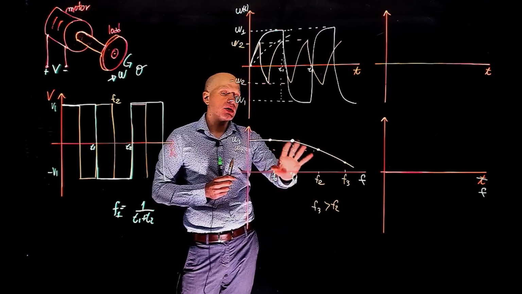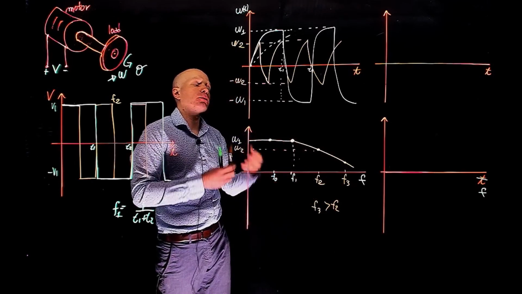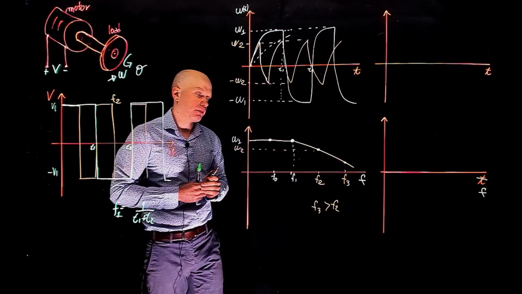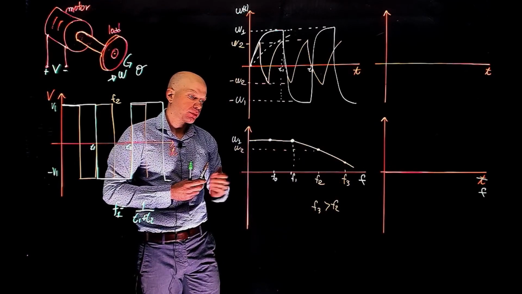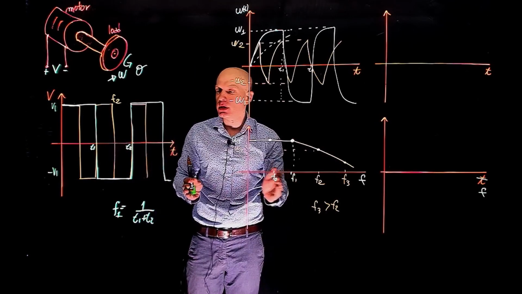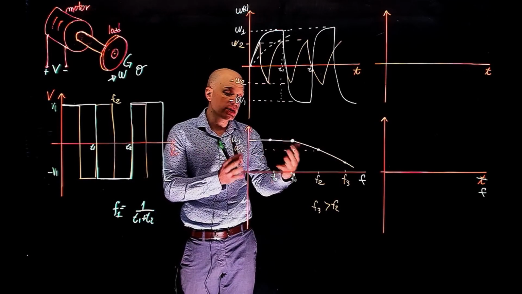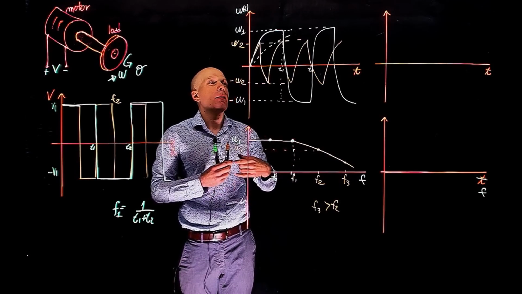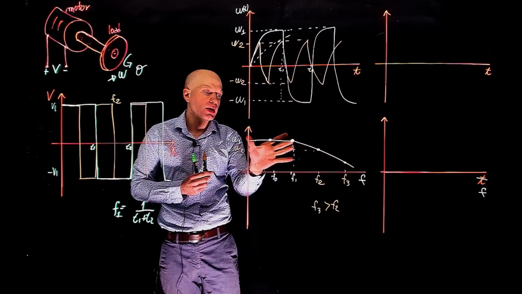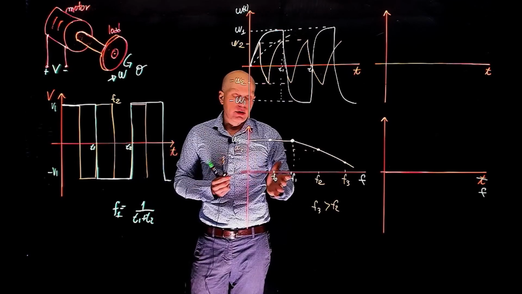Past that, now the system doesn't have enough time to develop the full speed, and the higher the frequency, the lower the gain. Why is this flat? Well, because if you decrease the frequency, we are simply giving the system more and more time, but it doesn't matter because you always reach the maximum speed. Hence this flat line.